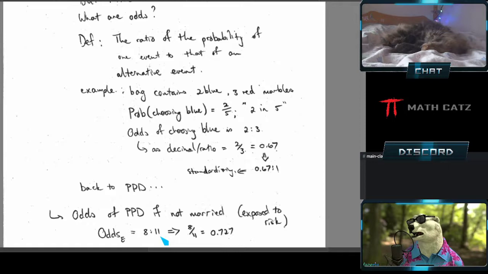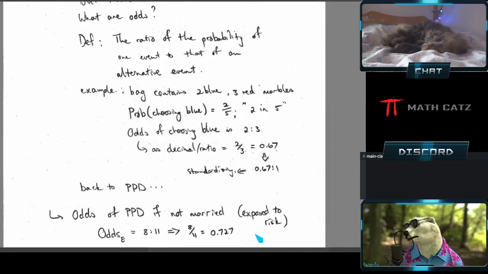Those odds are presented as a decimal or a fraction, 8 divided by 11. Let me stress, that is not the probability. The decimal is simply because I want to present the odds as a single number, not 2 to 3, 8 to 11. It's the standardized version of the odds. So the odds will be 8 to 11 or 0.727 to 1.